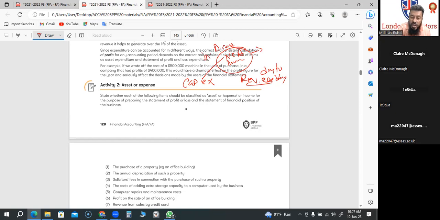Initial installation is also part of capital expenditure. You bought a house, land or building, and you paid professional fees like valuation, chartered accountant, actuarial or lawyer fees. That's also capital expenditure. And revenue expenditure, I already told you.